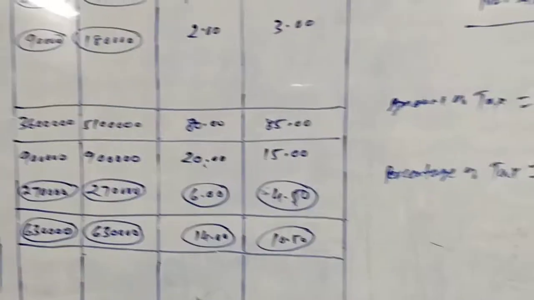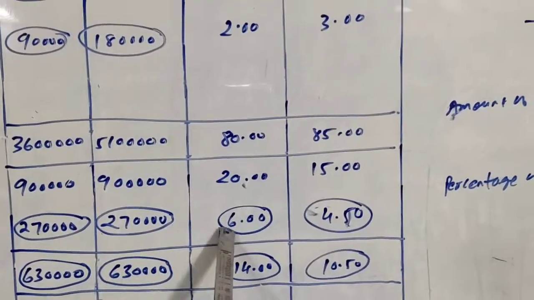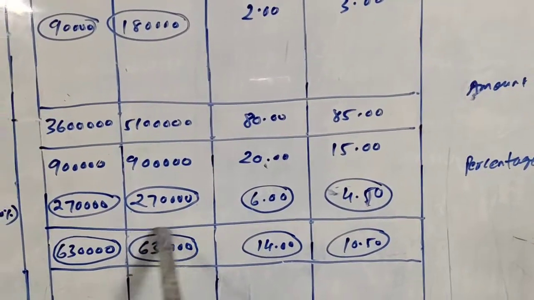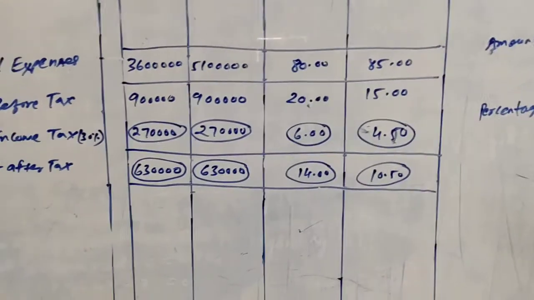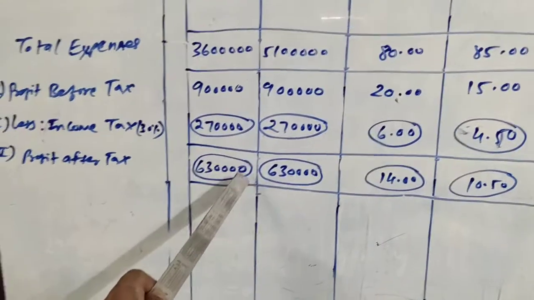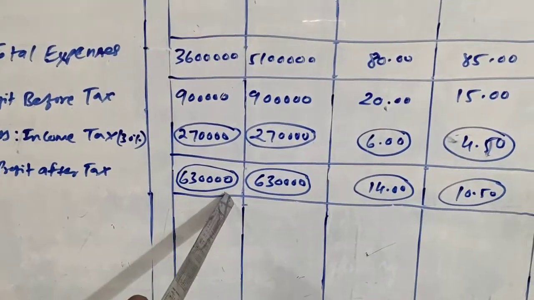So it is written 6% here. And for this 2,70,000 divided by 60 lakh into 100 we will do, we get 4.5%. Okay friends, now finally profit after tax, this can be calculated by 9 lakh minus 2,70,000 as 6,30,000.